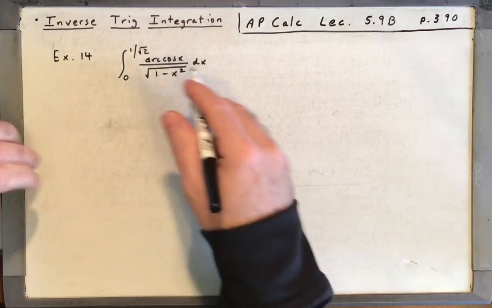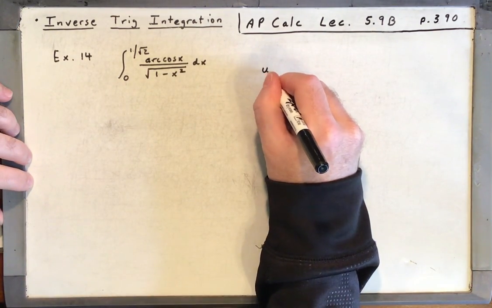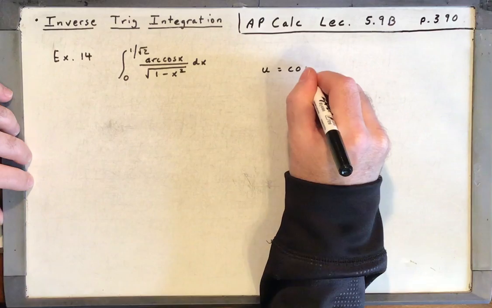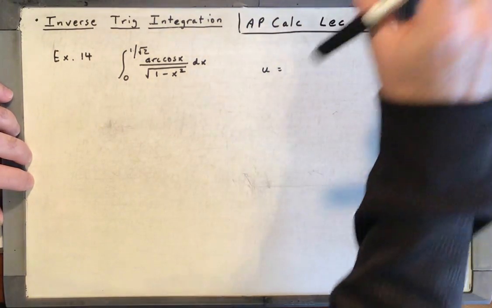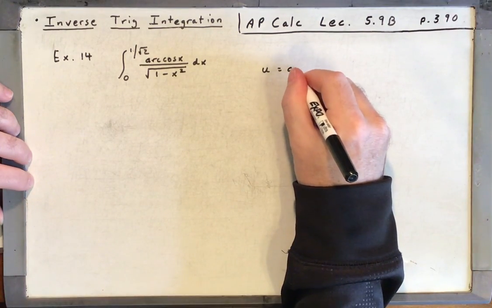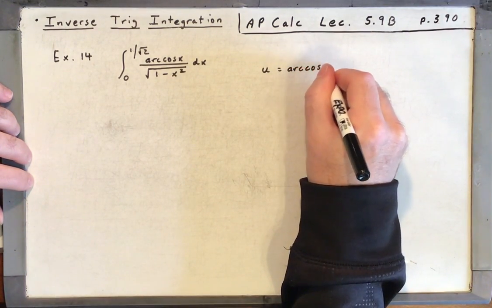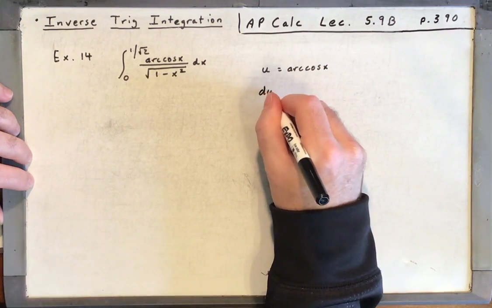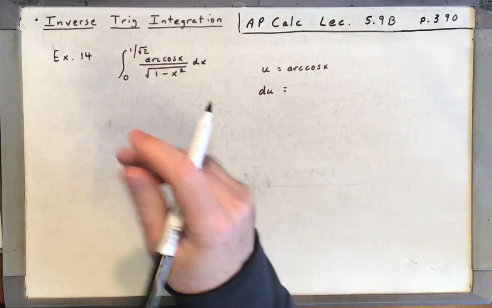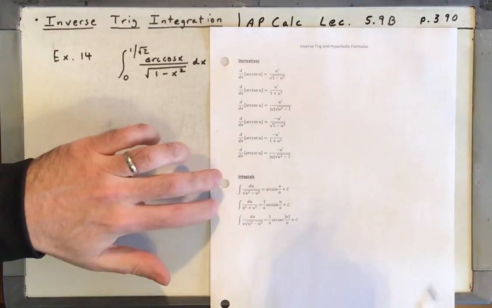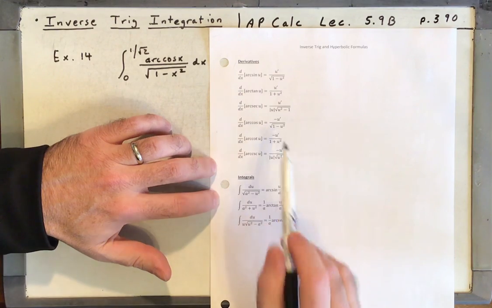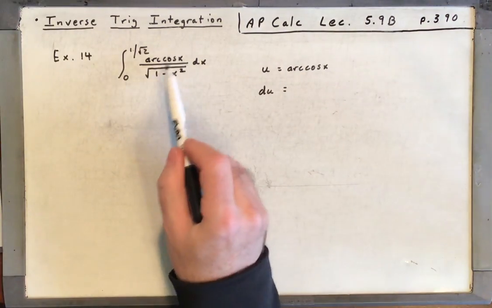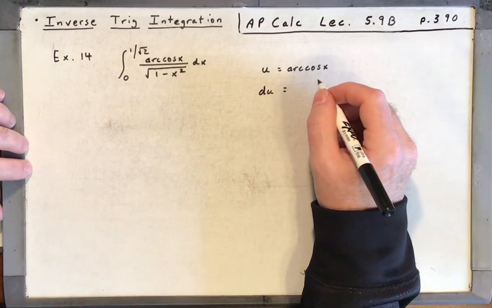So hopefully you might recognize that this is just a standard u substitution. I do like this problem a lot. If we let u be arc cosine of x, then du, if we look at the derivative formulas, du is going to be minus u prime over the square root of 1 minus u squared, which looks almost exactly like what we have here.